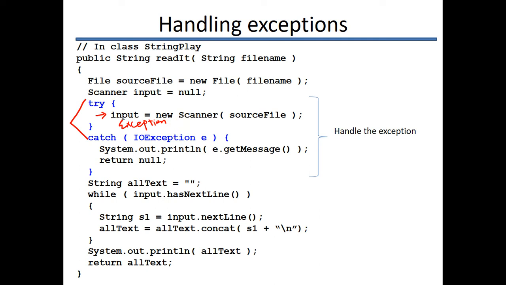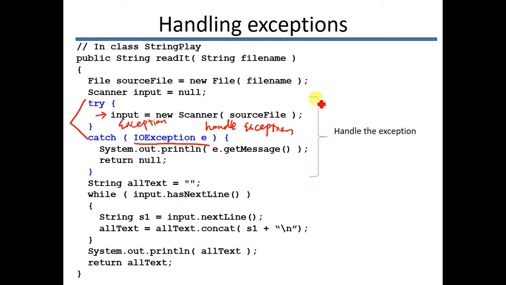So the catch in here is, if indeed you see a problem in this try clause, the catch will try to handle this exception. What we did is we just print out this error message and then return null.